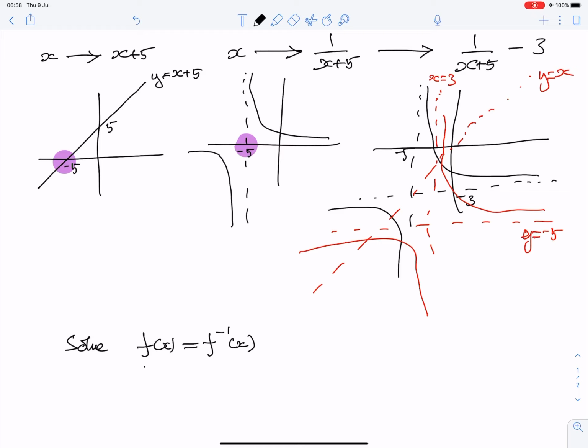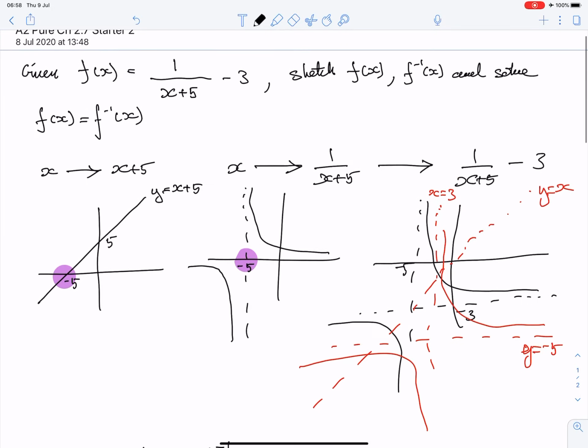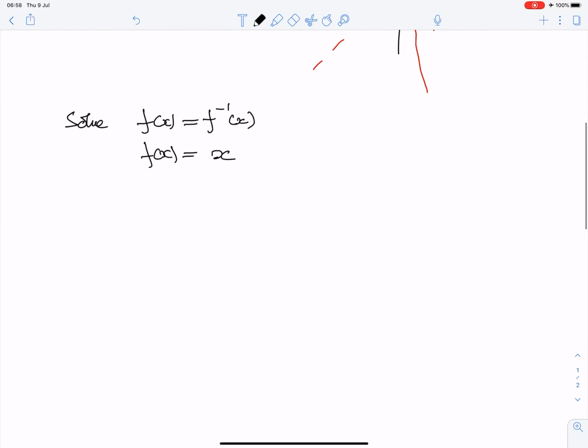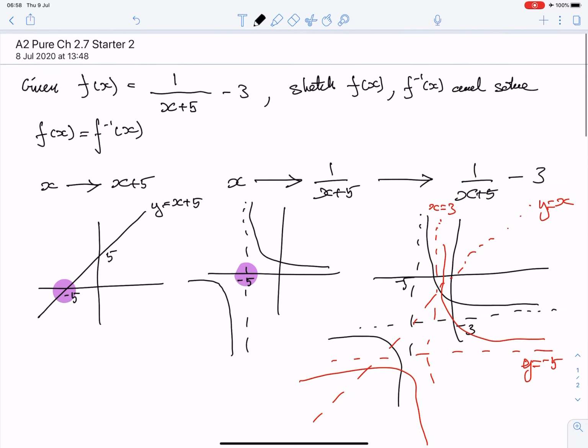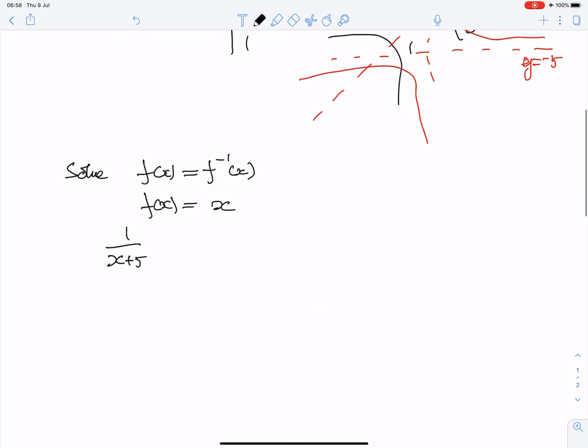So we can actually solve f of x equals x, which gives us 1 over x plus 5, minus 3, is equal to x. So we could go 1 over x plus 5 is equal to x plus 3.